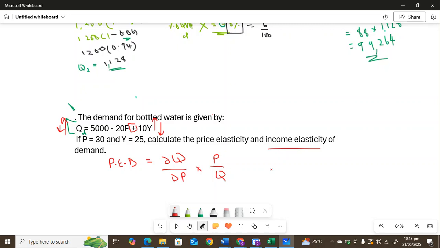Okay, so with this type of questions, this is how you get your price elasticity of demand, and this is how you get your income elasticity of demand. Income elasticity of demand is how quantity demanded responds to changes in income.